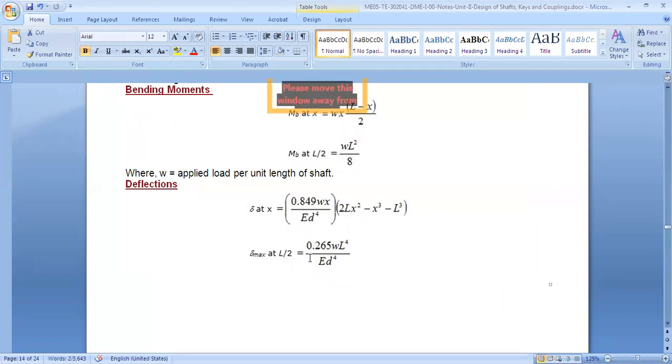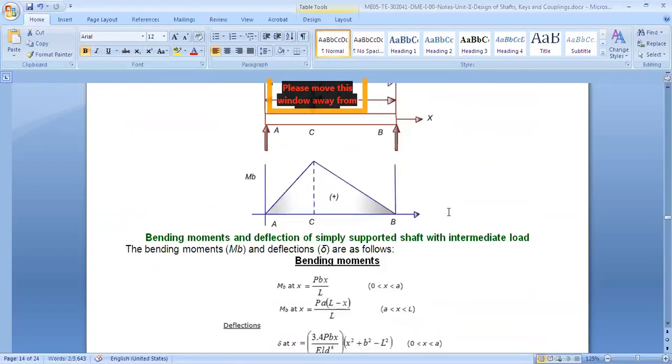So we'll use this equation if it is a simply supported beam with a uniform load. If we know the allowable deflection, we can design the shaft using this equation. So this is how we will do the design for the lateral rigidity.